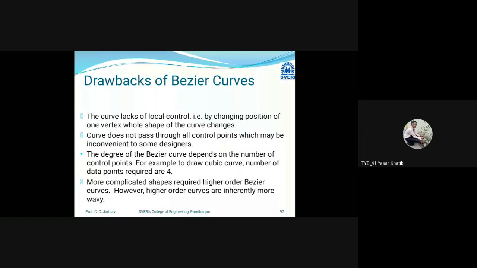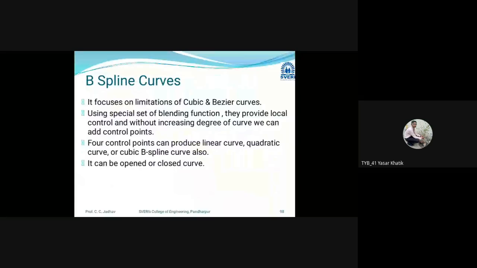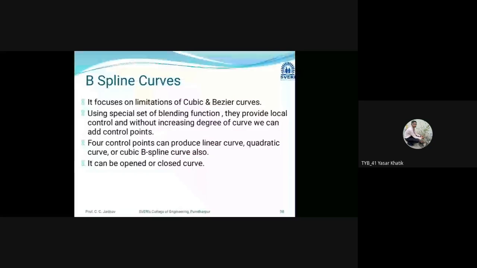So whatever drawbacks came from the Hermite curve, we overcome in this Bezier curve, and whatever drawbacks come in the Bezier curve, we overcome in the B-spline curve. Okay. So B-spline is a generalized form of the Bezier curve. It is just a modification of the Bezier curve, and we get the ability to control the curve shape.